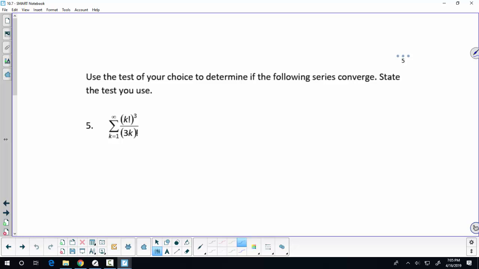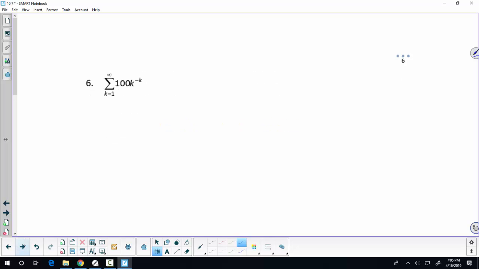Example 5: it's got a factorial in it, so a ratio test. So this converges. Maybe you can just use those as extra practice. Number 5 converges by the ratio test. 6, what test would it be? Root test. Yeah, so we use the kth root test. The series converges.